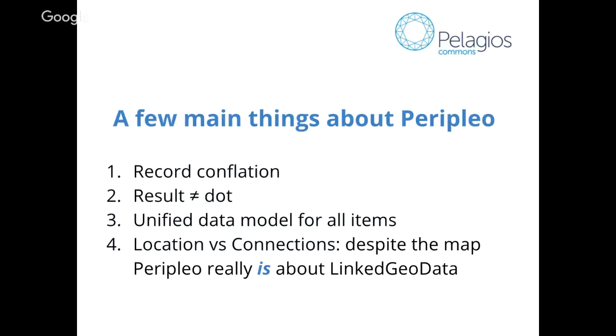Another couple of things about how Peripleo works is that in the new version, there is a unified data model for all items. So disregarding their nature of places or people or time periods, they all have the same structure. And previously, and in all the heavily geographically based visualizations, places are somehow prominent, and that used to be the case for Peripleo as well, and that's because Pelagios actually has a history of a heavily geography-based project.